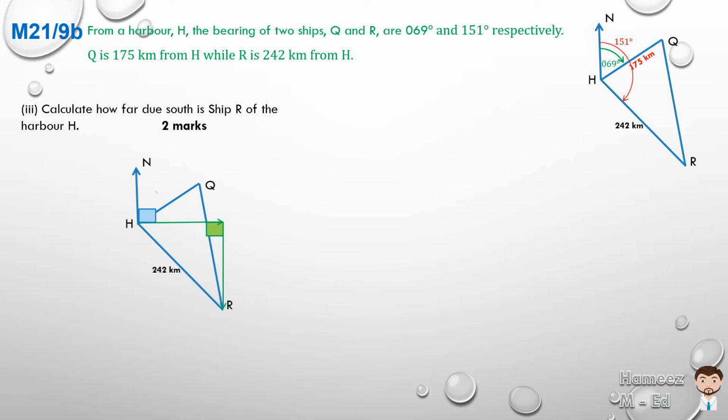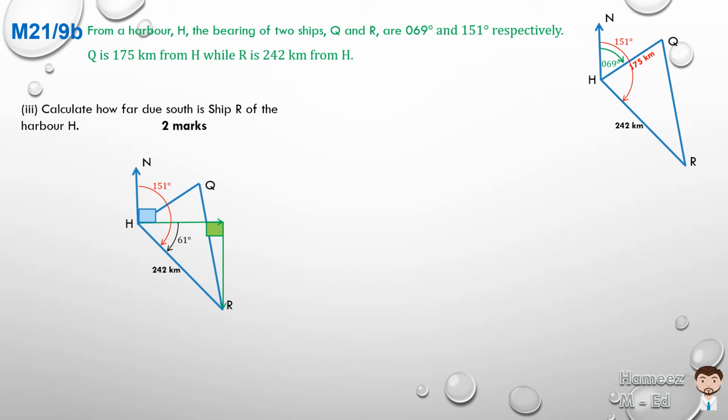And we know that entire angle, that bearing, was 151 degrees when we were standing at H and turning until we faced R. And part of that is 90 degrees. So the remainder we have in a black arc, and that will be 151 degrees minus 90 degrees, which gives us 61 degrees. So we have a right angle triangle with two angles and a length of 242 kilometers.